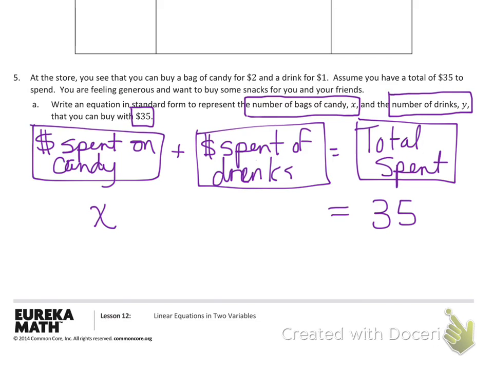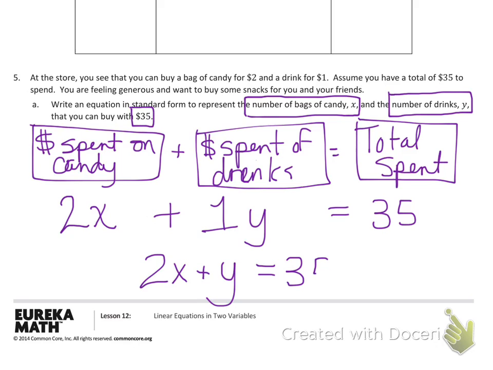If you look over here, the number of bags of candy is X, and I'm going to spend $2 for every bag of candy, so that's going to be 2 times X. And then an expression for drinks: the number of drinks is Y. I'm spending $1 on each drink, so it's going to be plus 1 times Y. So this equation becomes 2x plus, I can leave the 1 off, 2x plus y is equal to 35.